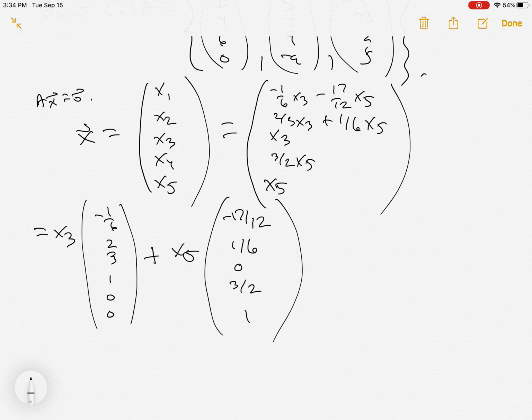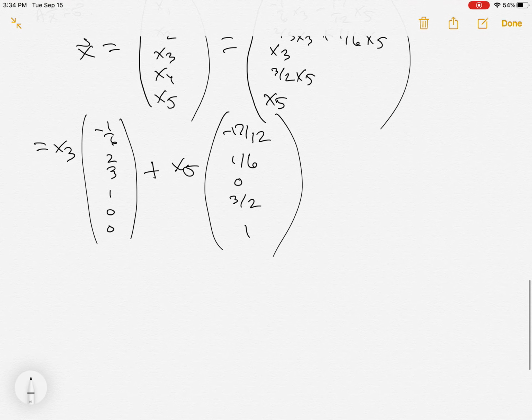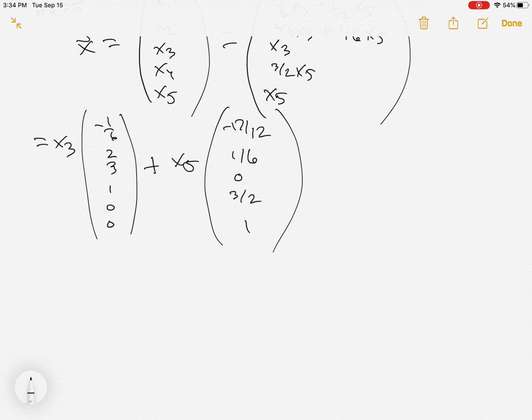Okay, and so, you know, bases aren't unique. So if you were trying to match this to the back of the book, or if you loved me, you would choose x3 so that these fractions go away, and you choose x5 so those fractions go away, but it's not important.